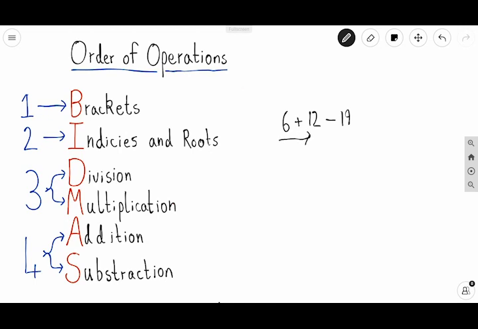Okay, now hope you've understood this order, and a way to remember this order of operations is by acronym. People came up with this acronym called BIDMAS, and that just stands for brackets, indices and roots, division, multiplication, addition, and subtraction.